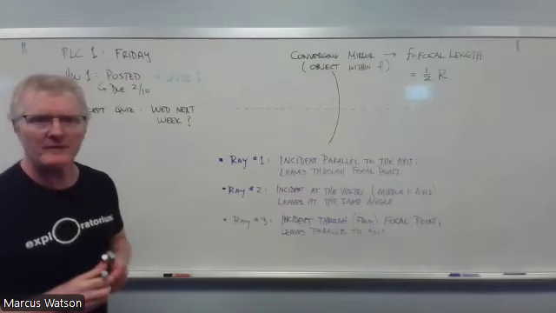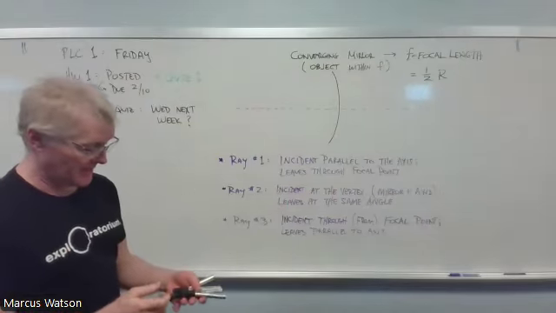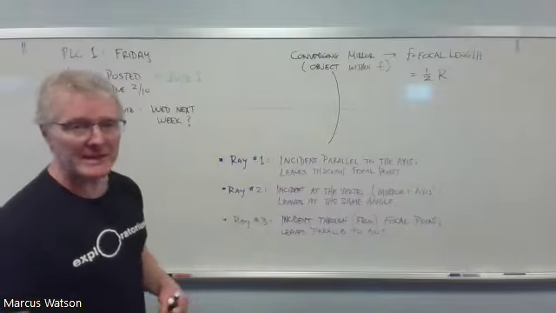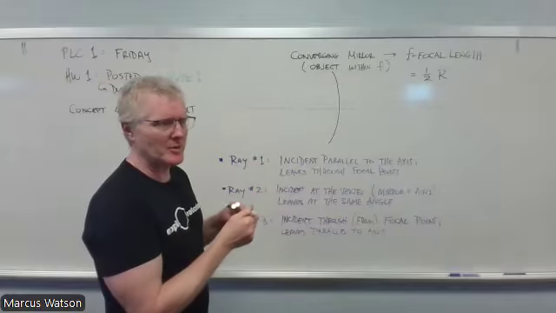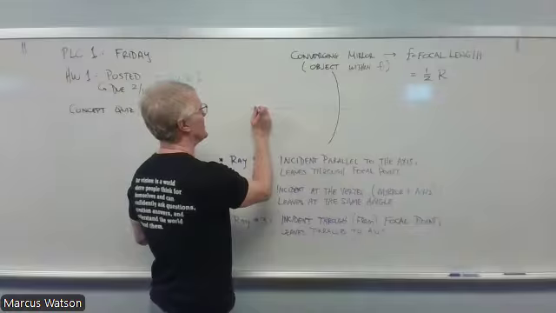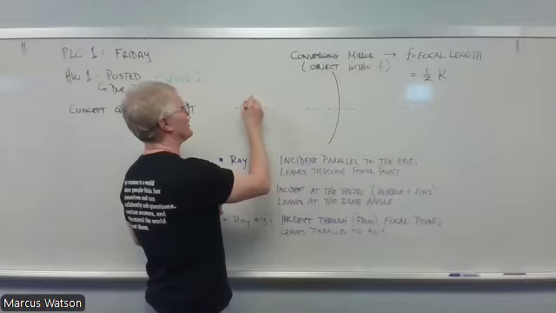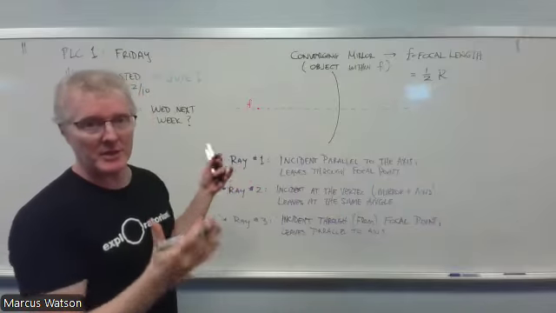All right, so I've got my converging mirror, I've got my axis, I am going to put in a focal point and an object. Now I'm going to kind of exaggerate this a little bit, or say zoom in a little bit. I'm going to put the focal point way over here just so I have room to do the ray diagrams.